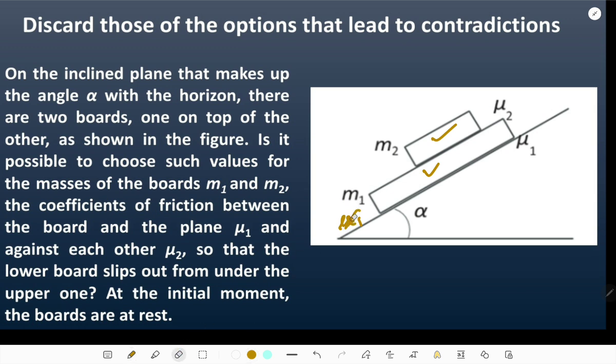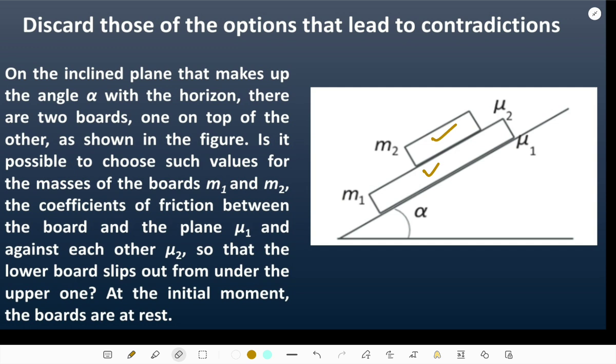Against each other, दोनों के बीच में friction coefficient का value mu2 है, so that the lower board slips out from under the upper one. Slipping lower board की होनी है upper वाले के नीचे से. And there is an additional information that at the initial moment the boards are at rest.